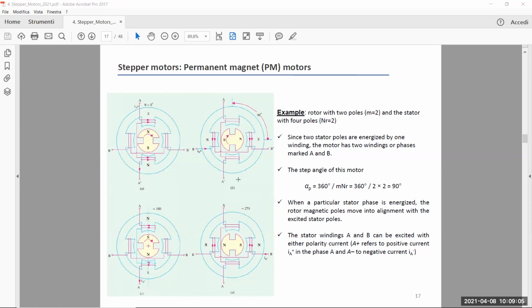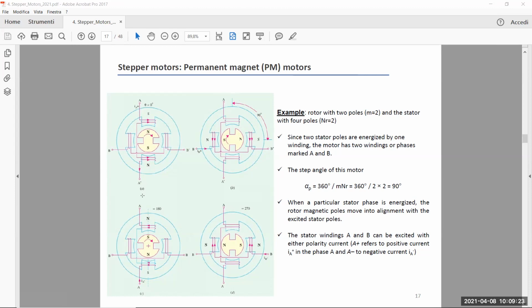For example, if you want to get from the B situation another 90-degree clockwise rotation, so you have to move from B to C, then you have again to energize phase A, but now the current will be reversed.